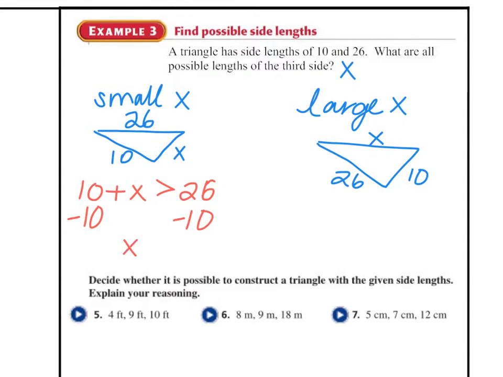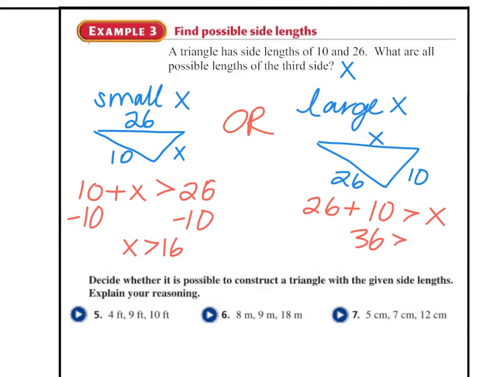And voila, x has to be greater than 16, that's for sure. Otherwise, it doesn't work as a triangle. But you have another possibility, because these are two options. 26 plus 10 has to be greater than x. So x would have to be smaller than 36 for that to work.